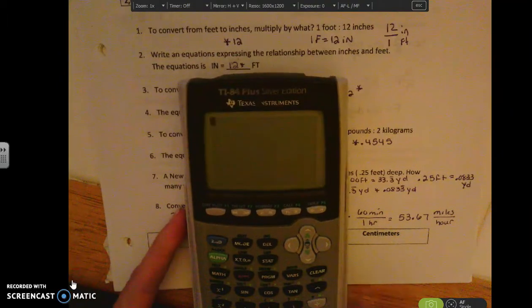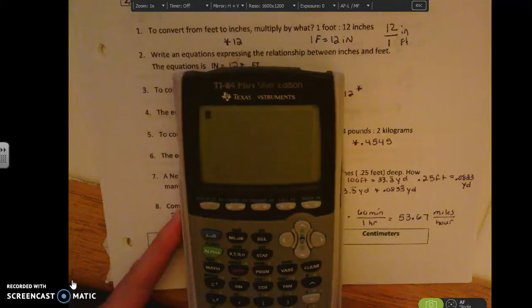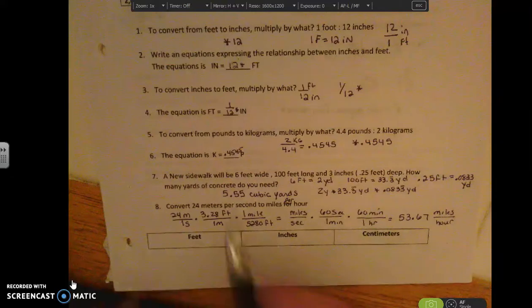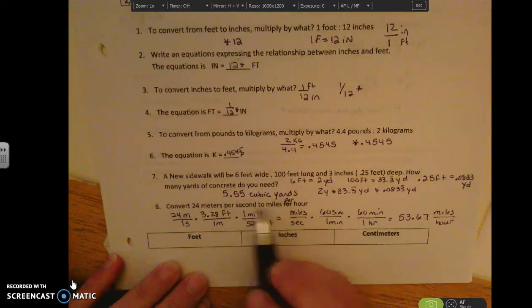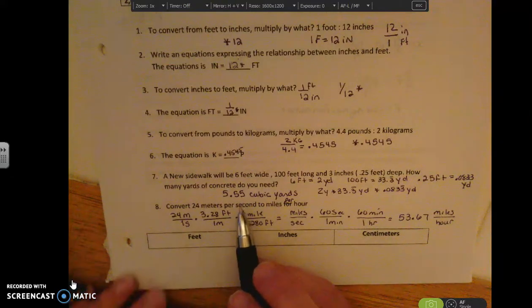So I'm going to do the 2 yards. When I put the 33 with the 3 repeating, I'm going to put 33.3 and a whole bunch of 3's to make sure I get my rounding right. And then I'm going to do 0.083 and a whole bunch of 3's again. And I end up with 5.55 repeating. So it's 5.55 cubic yards, 5.6 cubic yards, something like that.